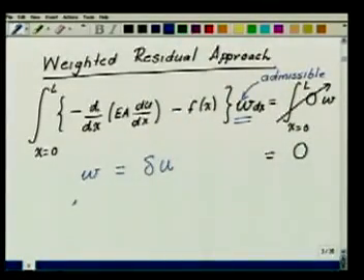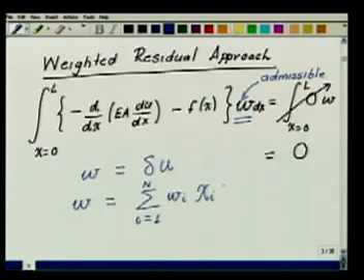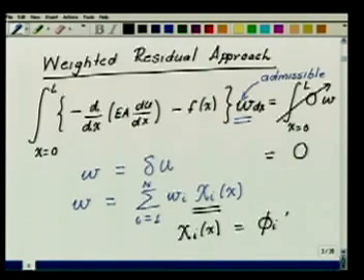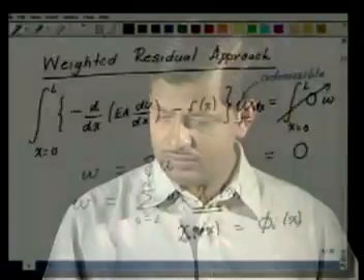Now if I take w to have a representation of this type, let us say using the series solution that we formed earlier, such that these functions chi I are not equal to the functions phi I that were used to represent the solution to the problem, then this formulation is called a Petrov-Galerkin formulation.